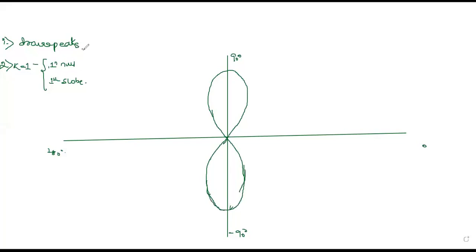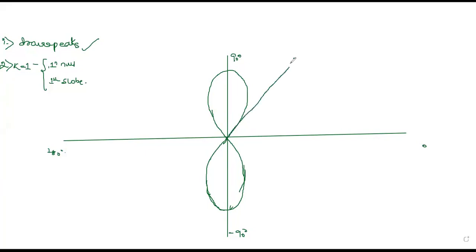Now, after drawing the peak direction, that is first step, go for k is equal to 1. Take out your derivation, I mean the problem which you have solved. In that, k is equal to 1. What was the null direction which you got? 60 and 120, ma'am. Yeah, plus or minus 60 and plus or minus 120. So what I'll be doing is null direction is nothing but the straight line, which is like your half power point.